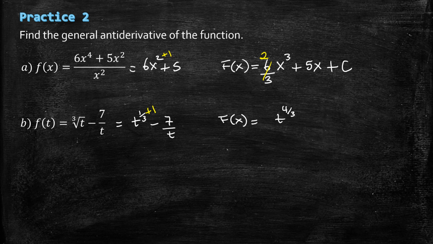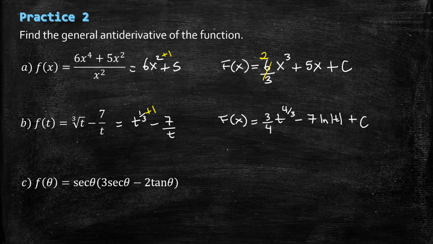Now we could say, well then, let's see, multiply by 1 over 4/3. Notice that a is just 1. Or we could realize that 1 over 4/3 is just the reciprocal. So why not write this as 3/4, save a little time, minus 7. The antiderivative of 1 over t would be ln of the absolute value of t plus a constant.